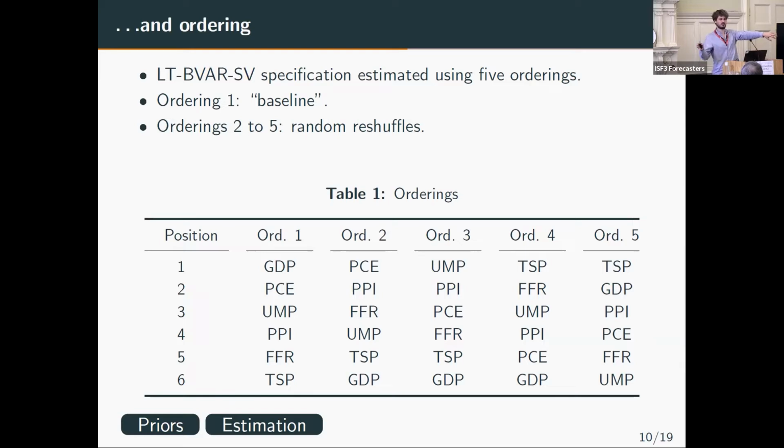And then we have 4 other orderings that we drew randomly with MATLAB. These are just reshufflings of the variables. So we have this baseline ordering and then the 4 others.